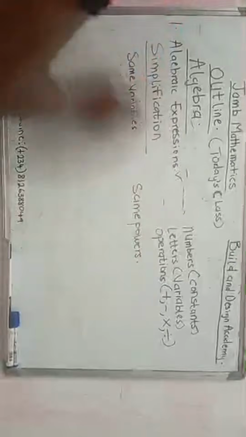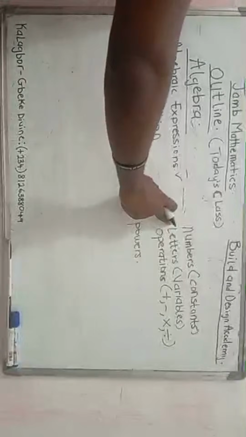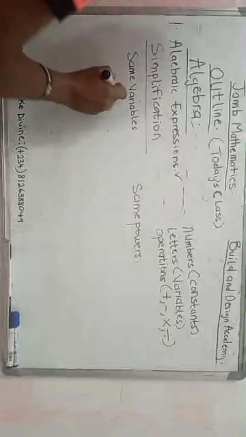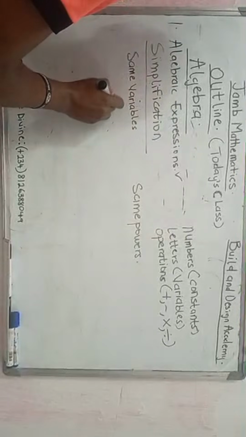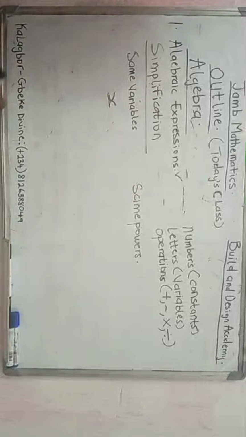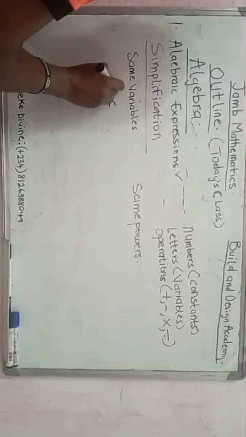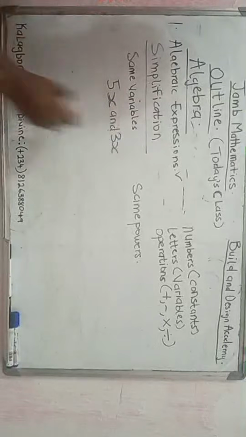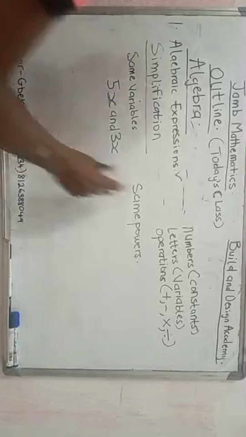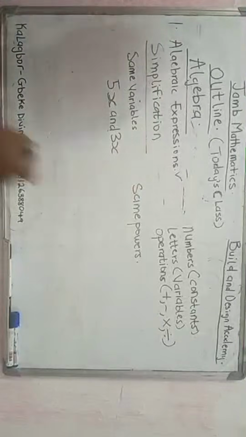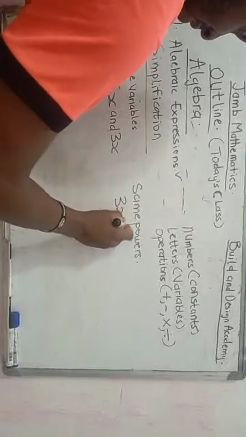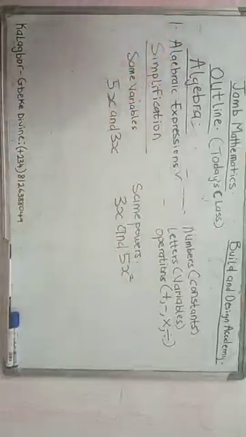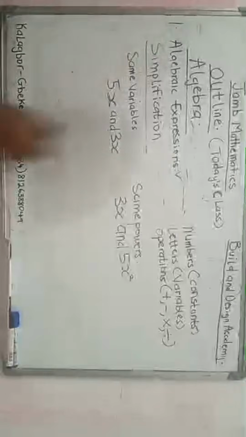Now, we say the variable is a letter, right? So if they have the same variable and the same powers, let's say a variable x, if we are given 5x and 3x, and here, let's say we are given 3x and 5x squared.